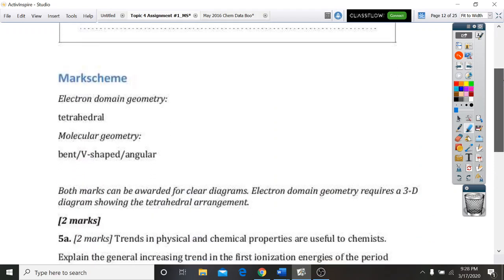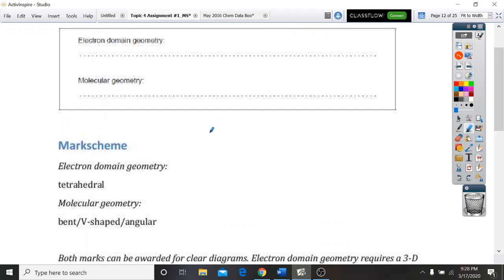The NH2 ion, NH2 minus, I'm sorry, NH2 minus could have been drawn like this. 1, 2, 3, 4, 5. I'm going to add another electron here. 6. And then you would add this hydrogen here.